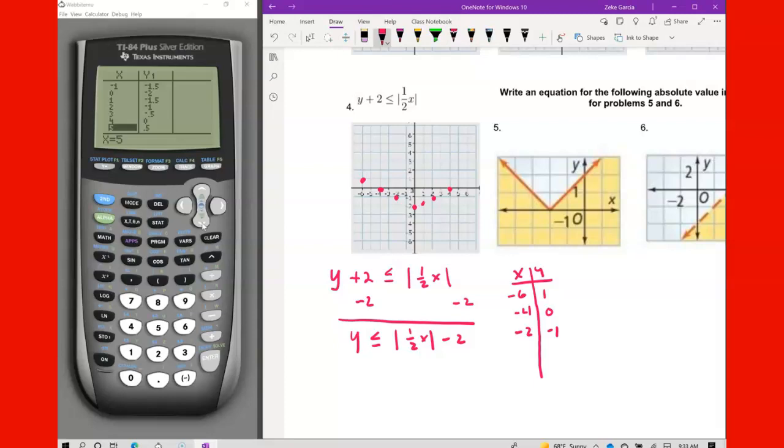And so it's a solid line because it's equal to. And then, of course, I have the arrows. And it says y is less than or equal to, so you'll be shading down.